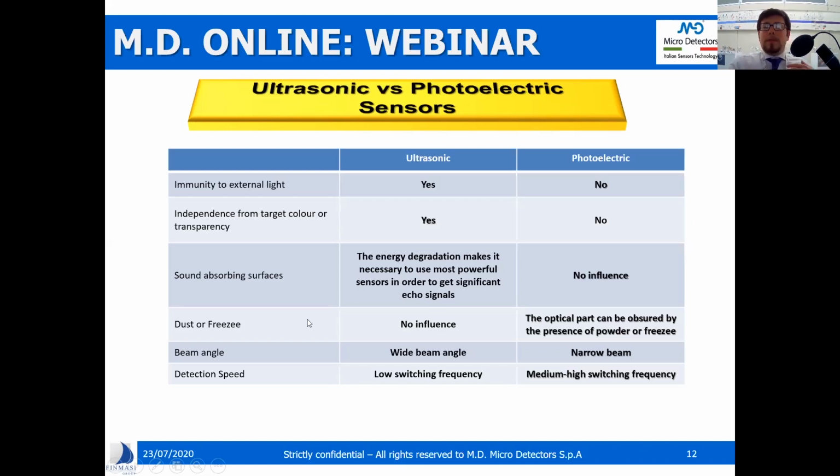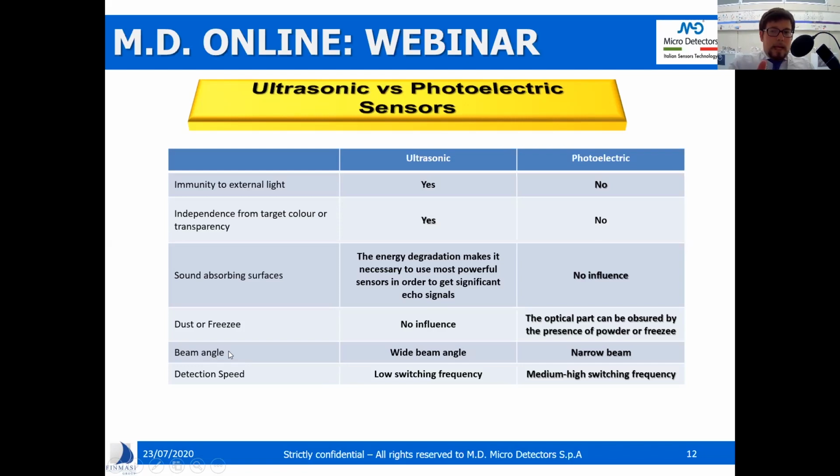And what about dust or freezing in the environment? You know that these factors can obscure the optical part of a photoelectric sensor, while on the other side, there is no influence on the ultrasonic sensor by the presence of these factors.